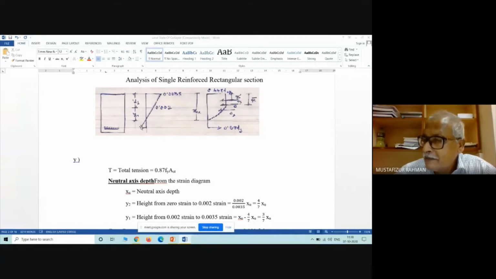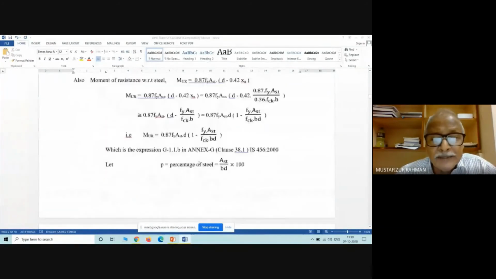But if the amount of steel is more, XU is greater than XU maximum. With respect to this figure, it is XU. Now, if this XU comes up to here, that means the value of XU comes up to here. Now this point is fixed. If you draw a line, ultimately this point will come up to this point. That means strain in steel is not reaching its actual value. So from this figure we can see it. Now under that situation, what is happening? Let us see.